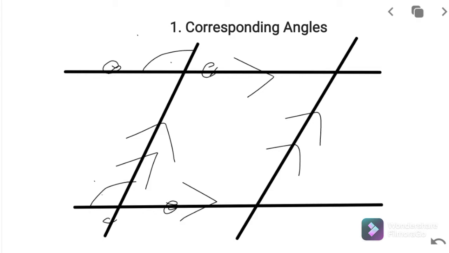So these two, 1 and 2, are both corresponding angles. We also have like here and here. They are also corresponding angles. So corresponding angles are angles that are formed at exactly the same points in a parallel line that has been intersected by another line.